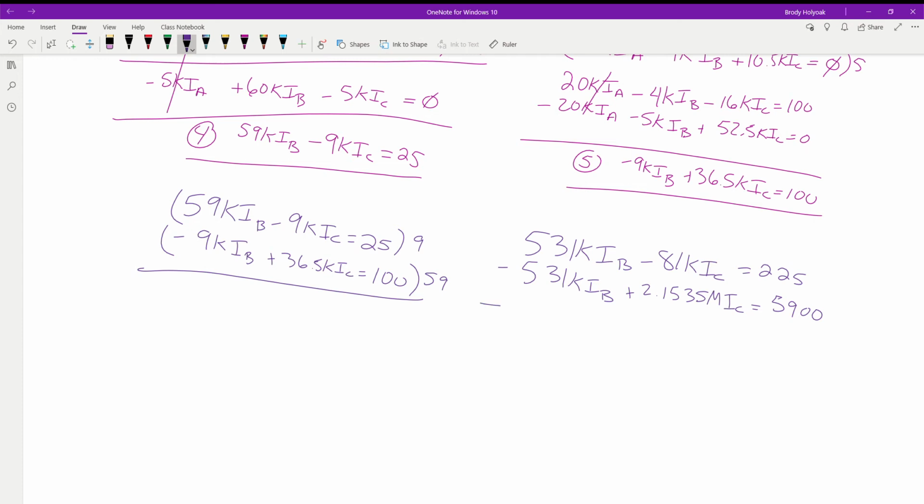We're going to combine these together by adding them. IB will fall out, and we're left with 2.0725 meg IC is equal to 6125.